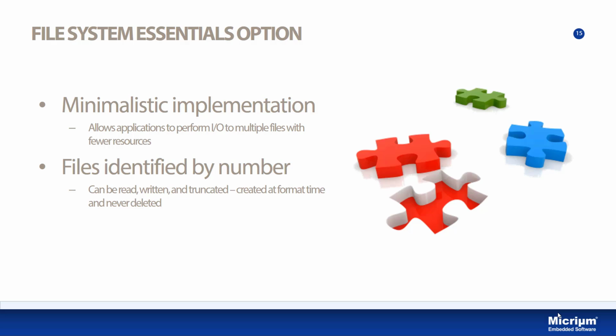They are never deleted. These files can be read from, written to, and truncated. This hybrid file system would be great for an environment that requires event logging and basic analysis, where a full file system is overkill. This sort of file system source code flexibility gives the developer near complete control over memory efficiency. On the next slide, we have some memory use comparisons for this configuration.